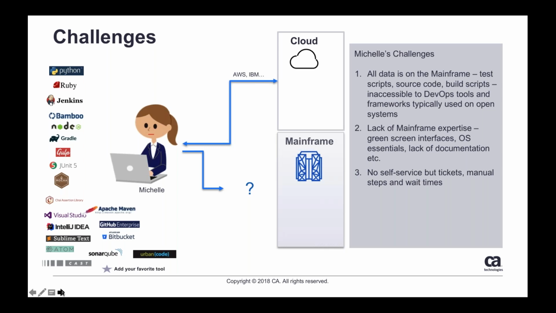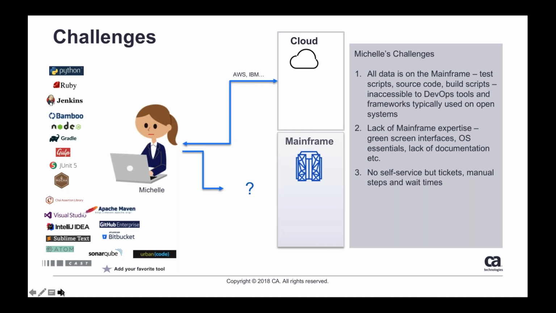Lots of challenges there. There's also a dependency on a lot of people with specialized skills who maintain these environments. And so Michelle has a hard time accomplishing things on her own, so she depends on a lot of people. She needs to create tickets and wait until these tickets are resolved. So how can we help?